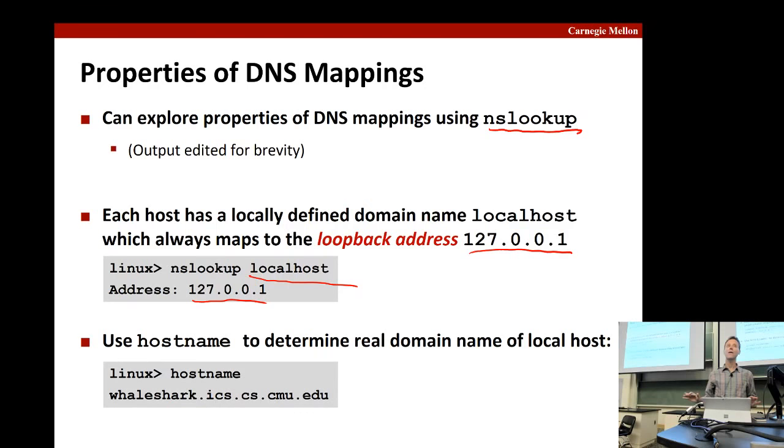So to avoid all that complication, there's this magic one, 127.0.0.1, which wherever you are, on whatever machine you're on, if you express that address, it means me. I'm talking about the machine I'm currently on. That can be very useful whenever you want to refer to yourself when you program on a machine. 127.0.0.1.